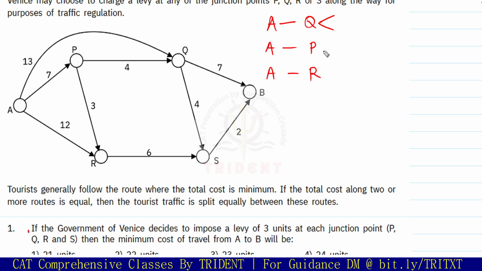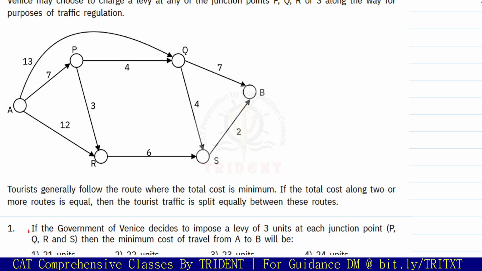From P there are again two possible routes, and from R there is only one possible route. So 3 into 2 becomes how many? 6. So there will be in all 6 possible routes from A to B.